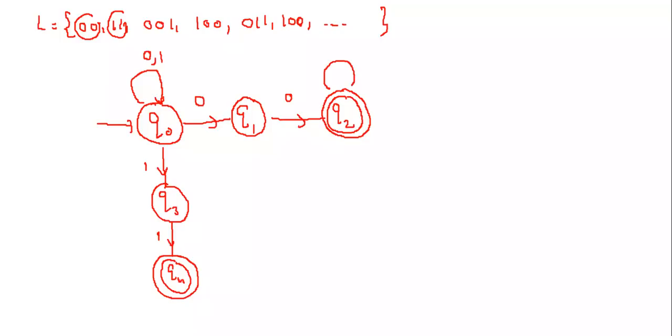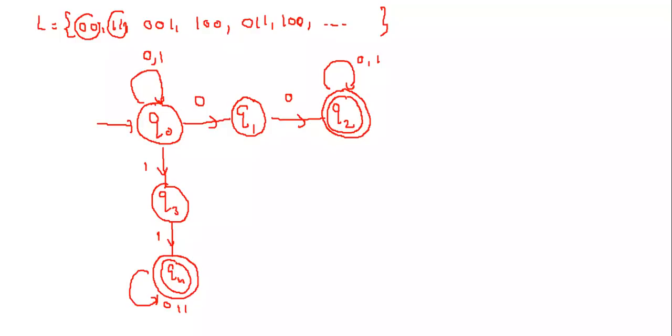After seeing 0 0, whatever comes, either 0 or 1, I will be on Q2 only. For some 1, I will go to Q3. Again, on 1, I am going to Q4. After that, it may be either 0 or 1, I will be on Q4 only. So now this completes the diagram of the NFA.